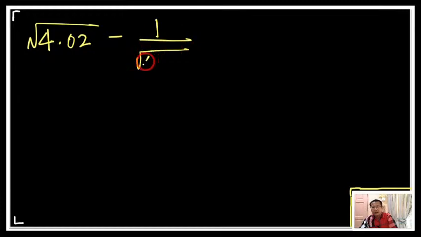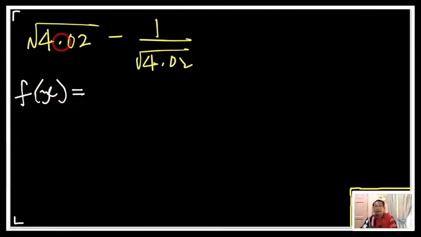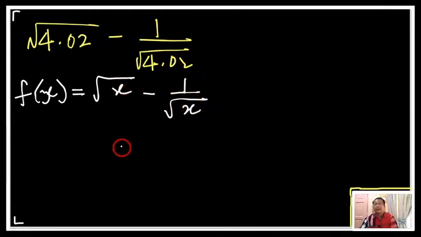Let's look at another example. Square root of 4.02 minus 1 over square root of 4.02. This time you have two terms like this. Don't worry, it's just a simple one. First, your f(x) is equal to, so you copy the radical, minus 1 over, copy the radical, changing the radical into x.